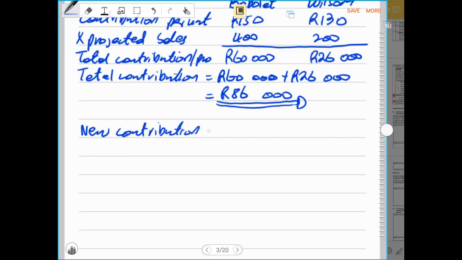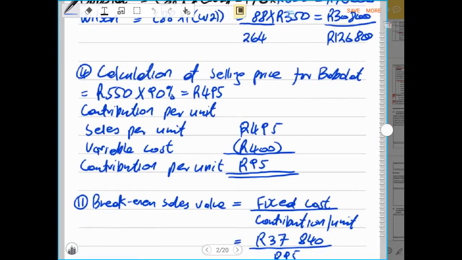The contribution per unit, I'm referring to the product Barbolat. We calculated that it was 95 rand. If I still remember, it was 495 minus 400, a contribution of 95 rands.